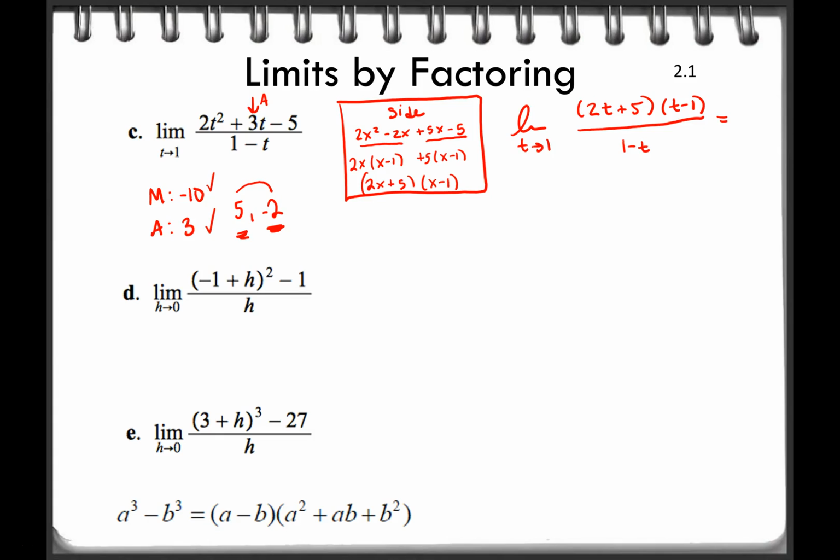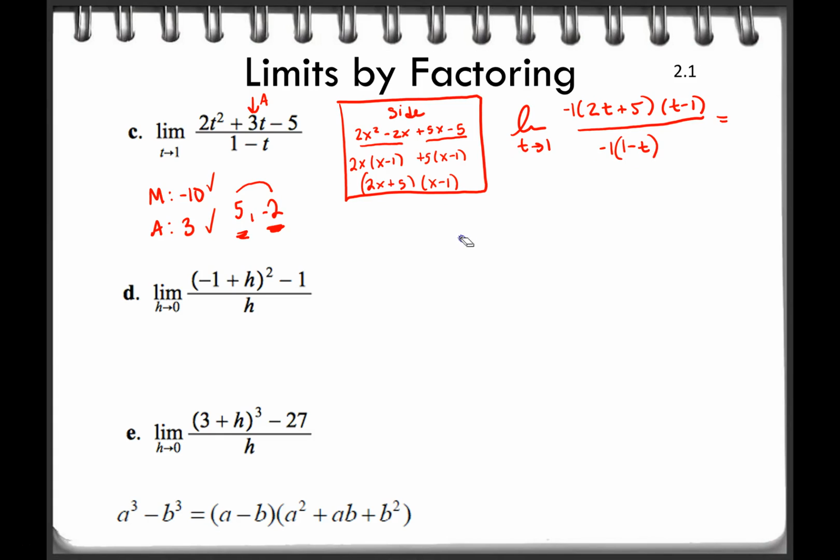What if I multiply by -1 over -1? Well, what is -1 over -1? It's just simply 1. So if I multiply this by a -1 and I multiply this by a -1, let's rewrite that now.